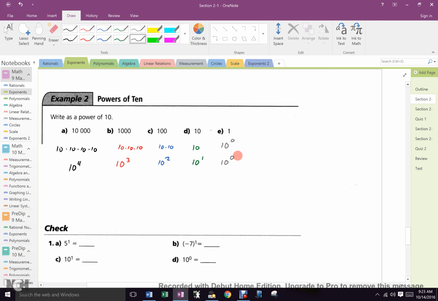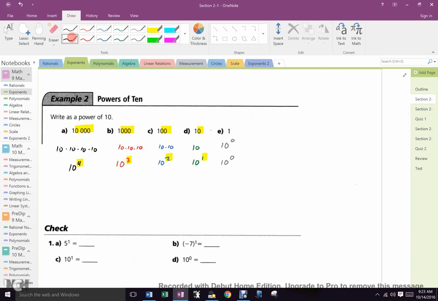Now you guys are smart kids. What's the pattern with tens? 10 to the 4th, how many zeros? 4. 10 to the 3, how many zeros? 10 to the 2, how many zeros? 10 to the 1, how many zeros? Easy, right? And then anything to the 0 is 1.